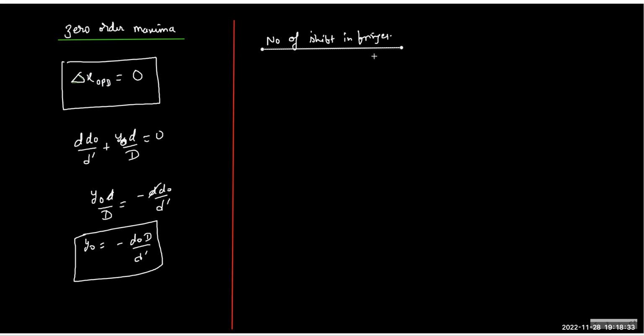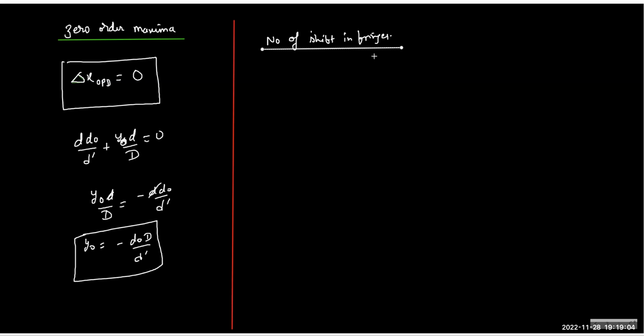If I shift the fringe by half of the fringe width, the brightness will be replaced by darkness. If I move by 3 beta by 2, it's still darkness. 5 beta by 2 is still darkness. So an odd multiple of beta by 2 will change the brightness from a brighter region to a dark region.